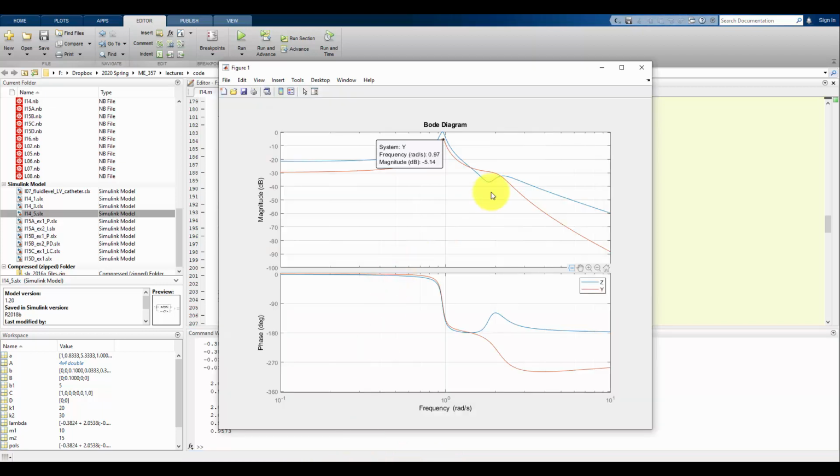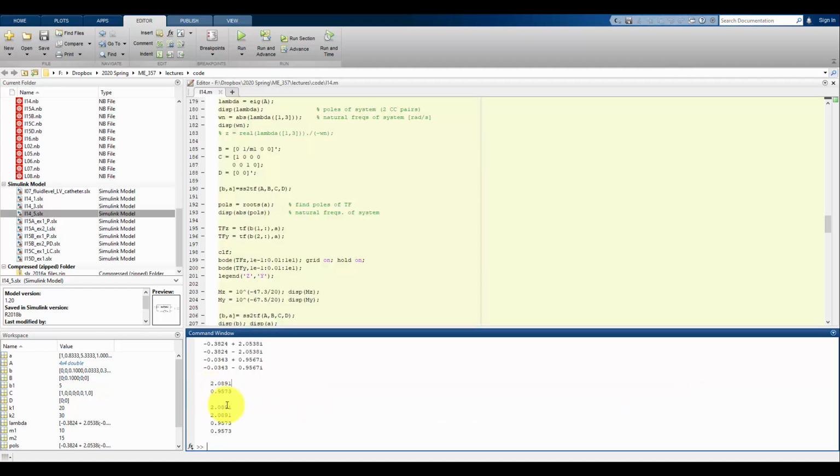However, if we look for the other peak, the y doesn't really have a second peak, and the blue, the z, kind of does. Let's see where that is. The peak is around 2.28 radians per second, which is actually higher than our larger natural frequency.